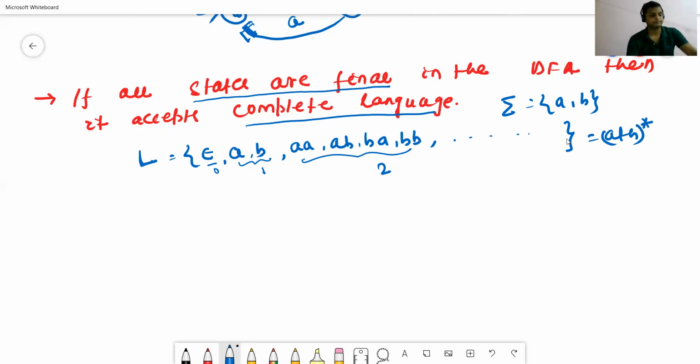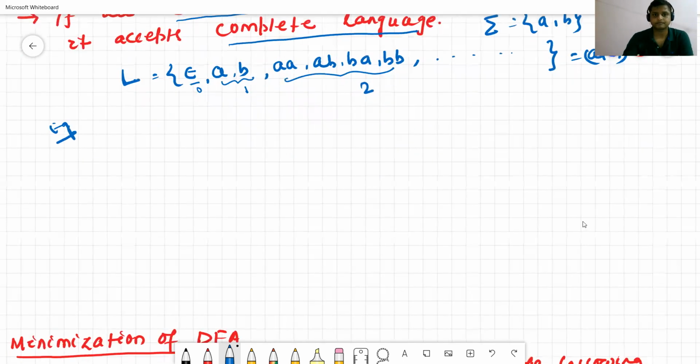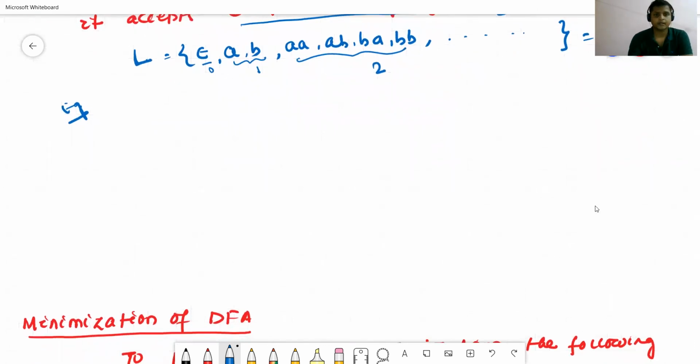For example, see here. Let this be Q0. This is a final state, with A comma B on the loop. This is a DFA, and this DFA accepts the complete language, (A plus B) whole star.